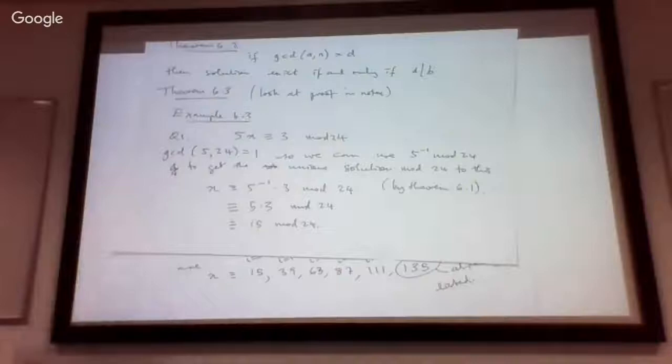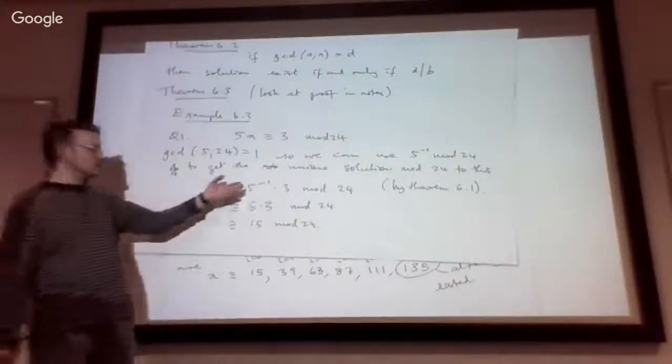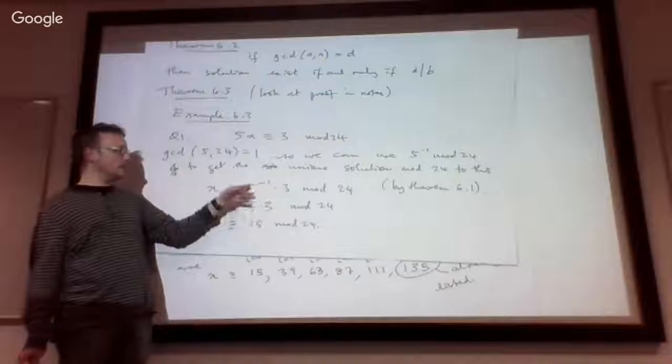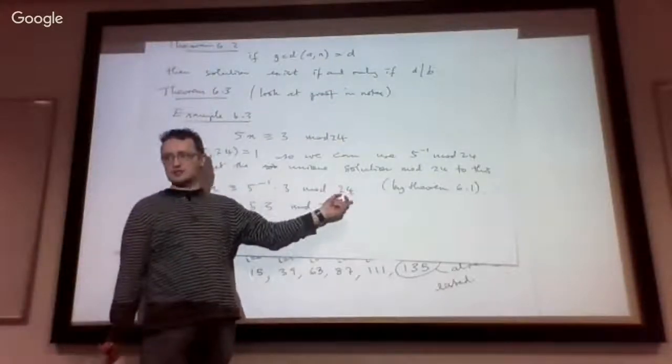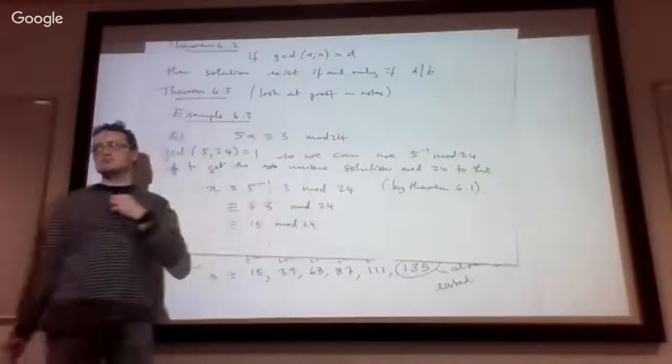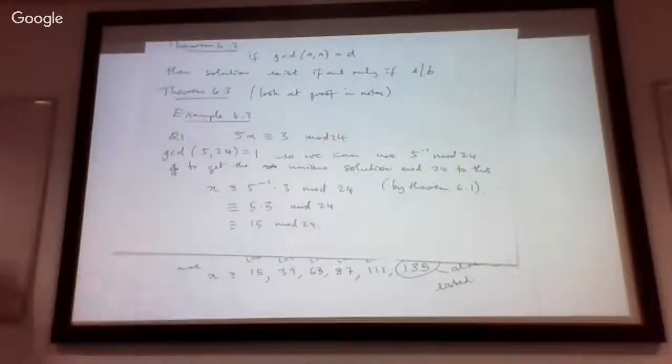Always remember, the inverse is the thing you multiply by something else to make it 1. In this context, it's the other integer that you multiply by 5 to give you something congruent to 1 modulo whatever the modulus happens to be. So the inverse of 5 modulo 24 happens to be 5 itself.